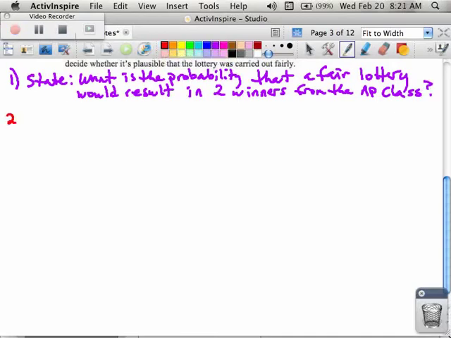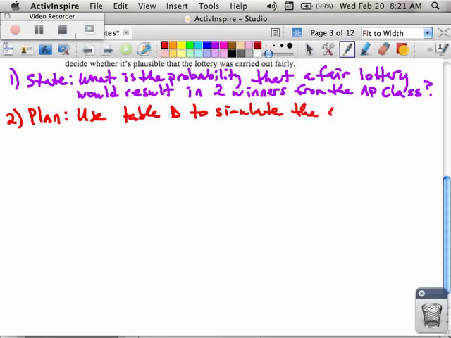Number 2, we're going to plan, or in other words, design what's going to happen. So we will use Table D to simulate the choosing of the winners.